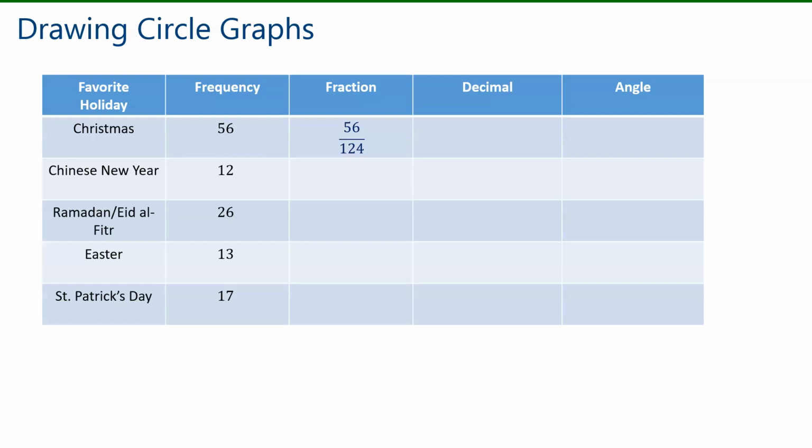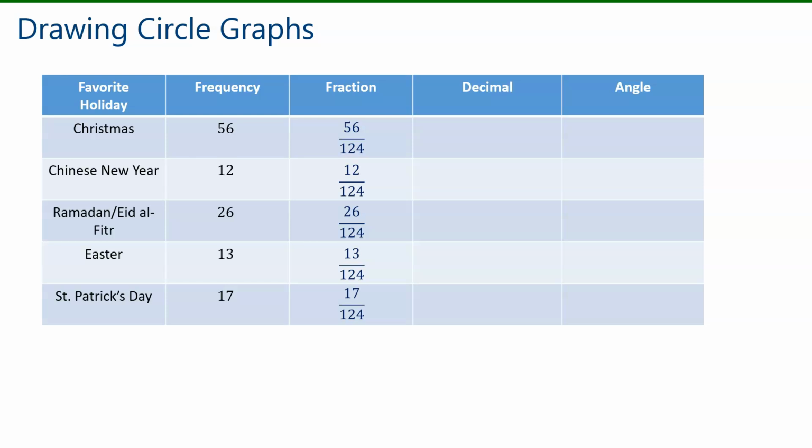Do the same thing for Chinese New Year. 12 of the 124 people chose Chinese New Year, so as a fraction, we write it like this. Now for Ramadan, we have 26 over 124. In general, you just need to take how many people chose each holiday and divide that by the total number of people, 124.